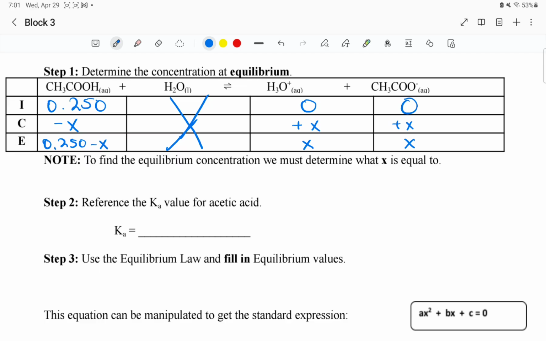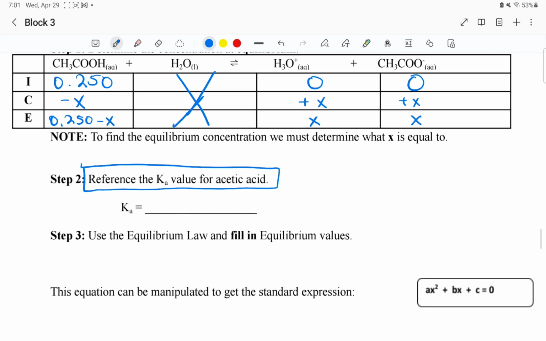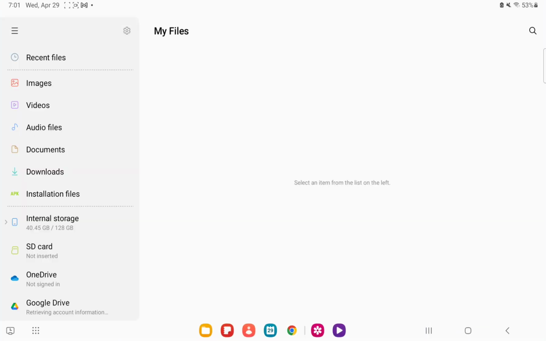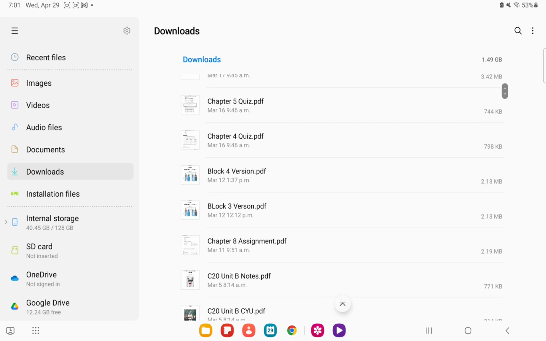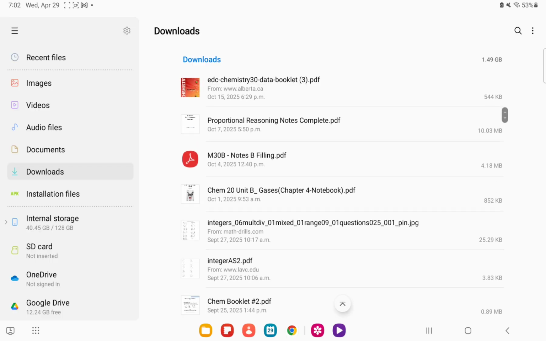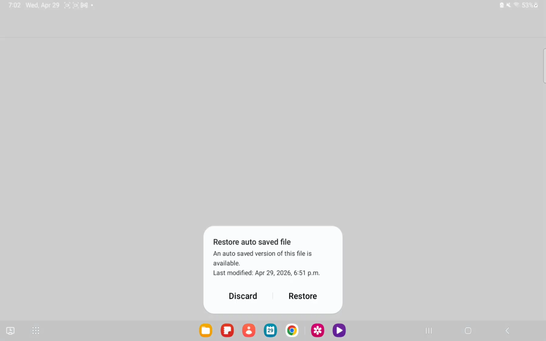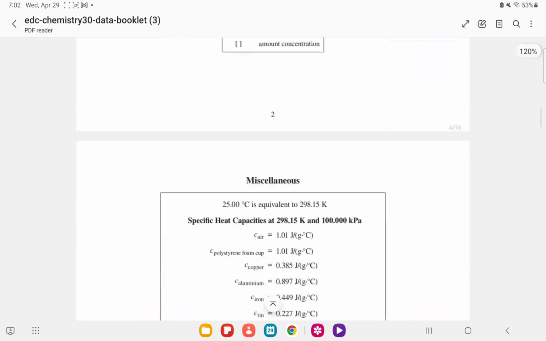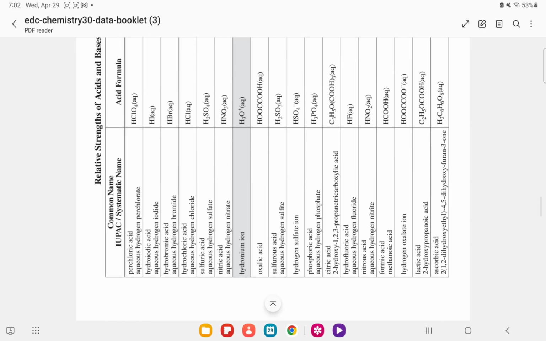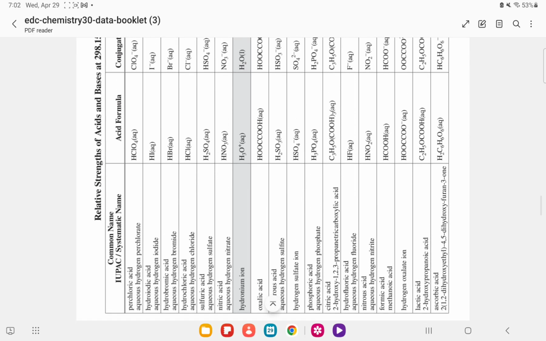Now, the next thing we're going to do is find the Ka value for your acetic acid. To do that, we're going to make use of our data booklet. I do not have one open, sadly, so let's go open it up. It should be on page 8-9. I'm sorry, I can't flip this, so my numbers are going to be flipped on your screen.